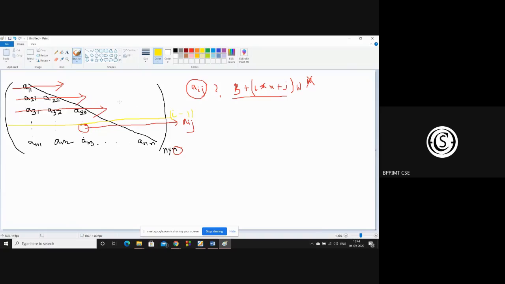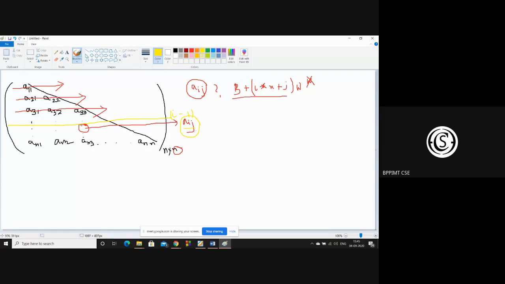Is it clear to you? The element lies at row number i, Aij, so we have to take full i minus 1 number of rows. Clear? Yes, sir.